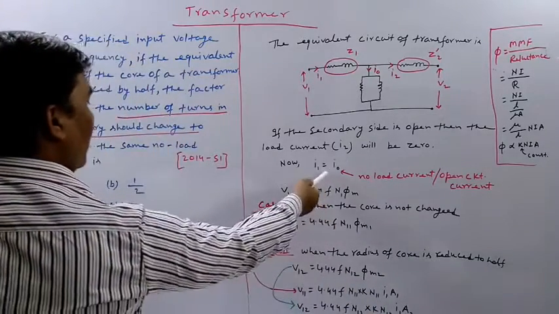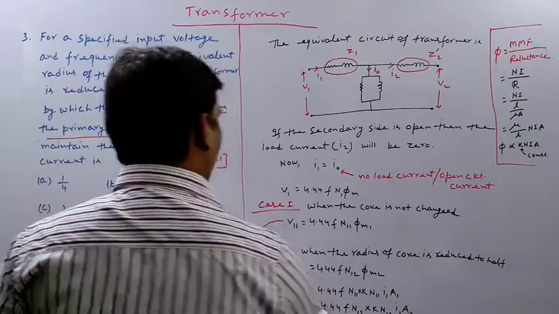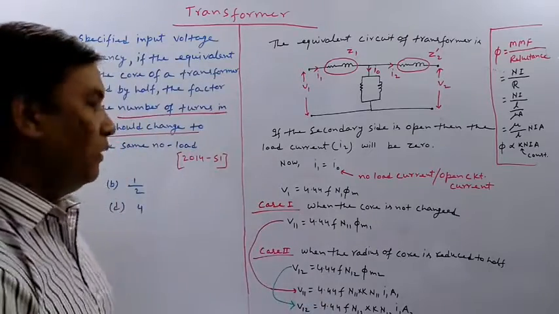So I1 is nothing but I0. Now we have got the value of V11 and the value of V12.